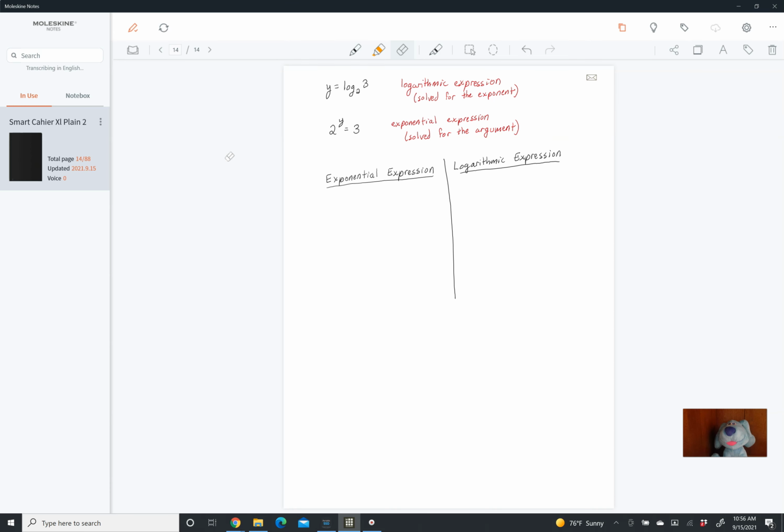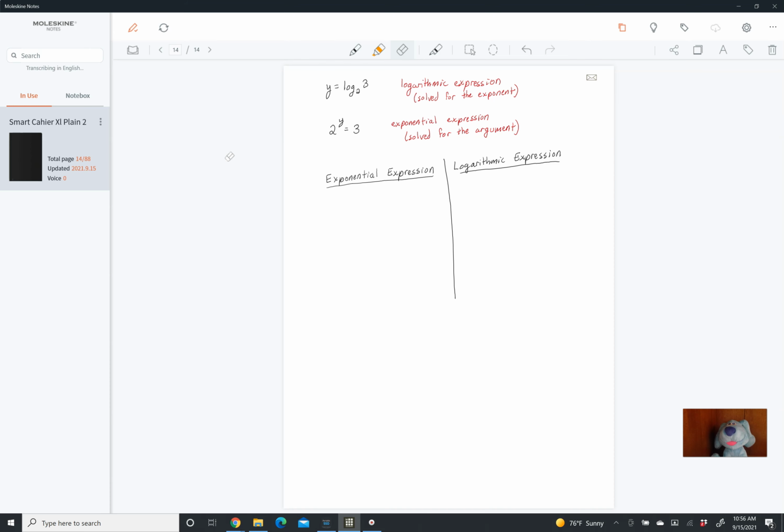Now, as I go through this, sometimes I'm going to start with the exponential. Sometimes I'm going to start with the logarithmic. What I would recommend is that you pause the video. If I give you a logarithmic, put it into exponential. If I give you an exponential, put it into logarithmic as practice. And then start the video again and just make sure that you did it correctly.